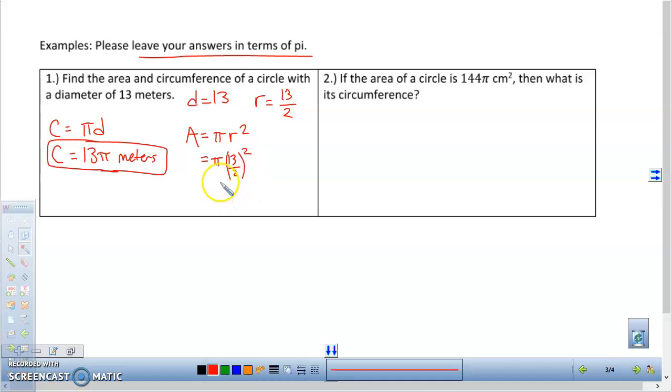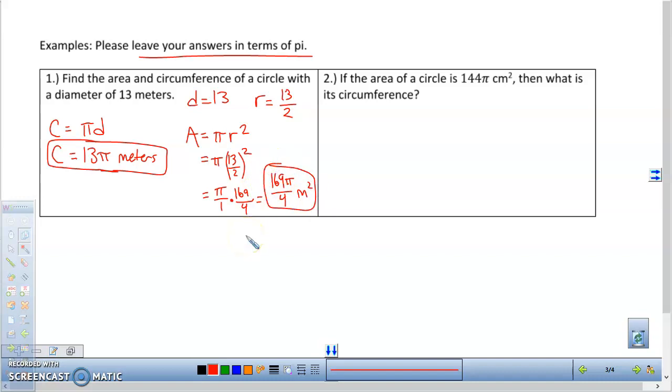And when I evaluate this, I'm going to get pi over 1, write it as a fraction, times, when you square a fraction, you square the numerator to get 169, we square the denominator to get 4, and when we multiply straight across, we get 169 pi over 4 square meters. That is the area.